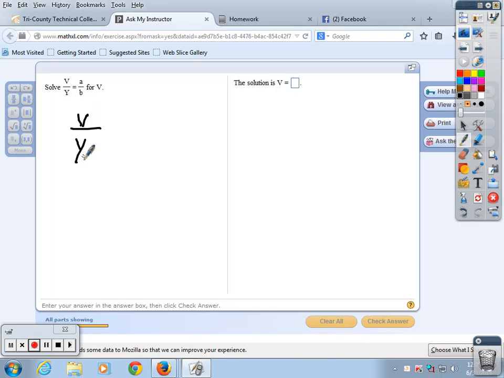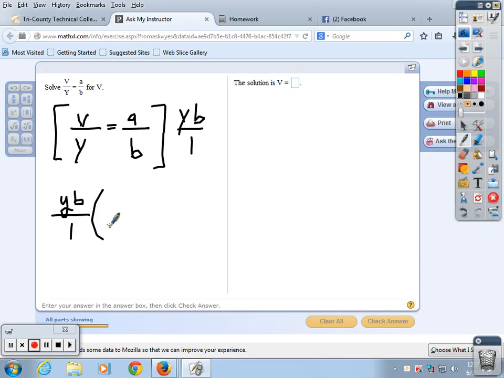All right, what's the common denominator? V over y is equal to A over B. So YB over 1 times B over Y is equal to YB times A over 1.